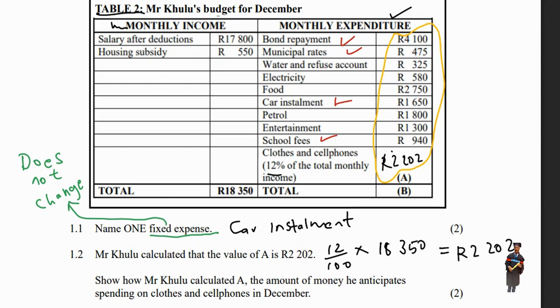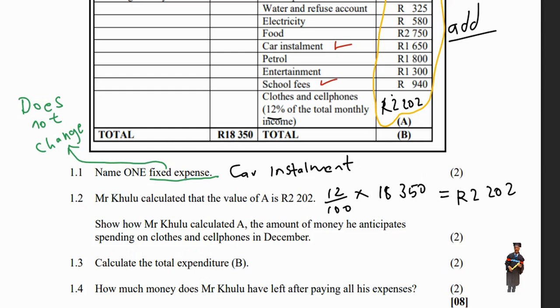You are simply going to add all these amounts. When you add all these amounts, you must get 16,122.